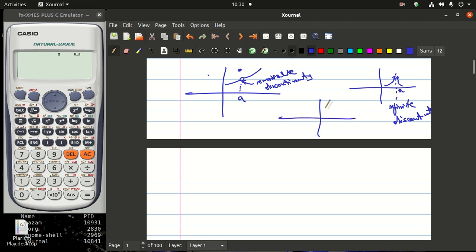And then we talked about the third one. Whenever I have a function that you can draw like this, and then after some point I start drawing the other piece, even if there is a hole here and also a hole there, as long as to move from here to there I have to jump, at this particular point there is a jump discontinuity.